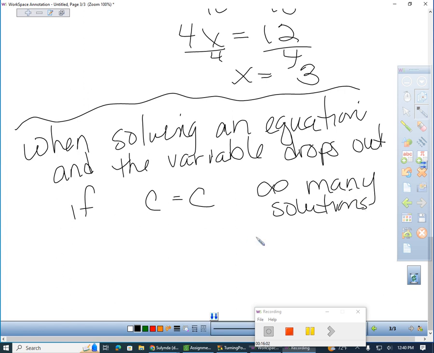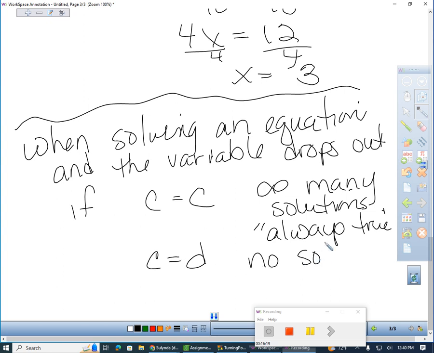And we say that is always true. If C equals D, which means the two of them don't equal, right, then that's no solution. And it is never true. All right, I just want to remind you of that.